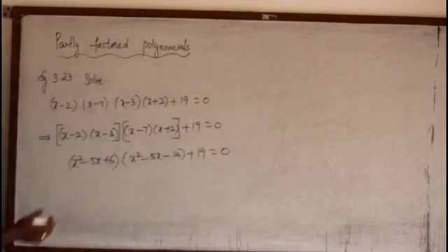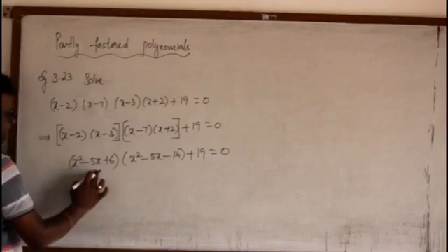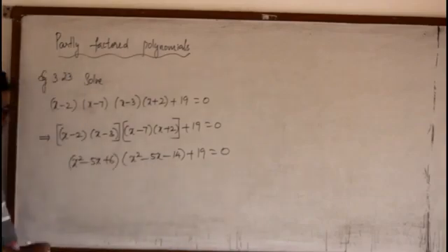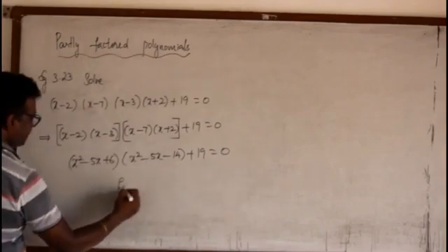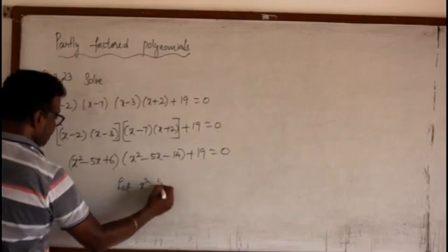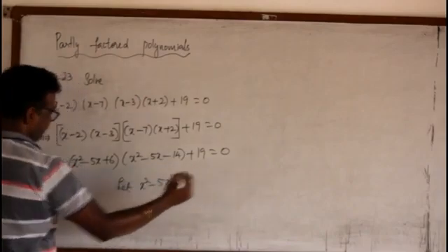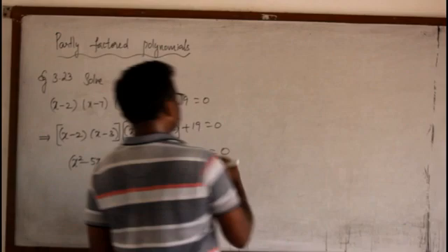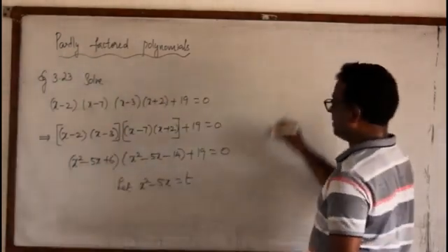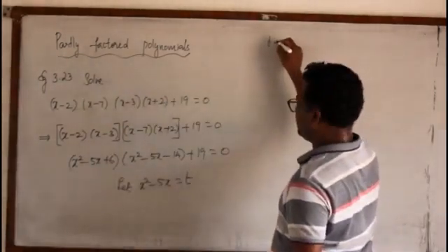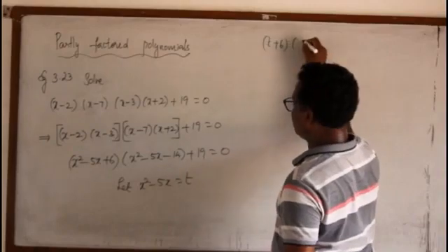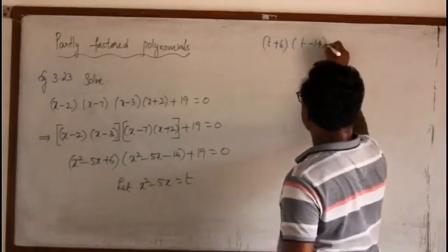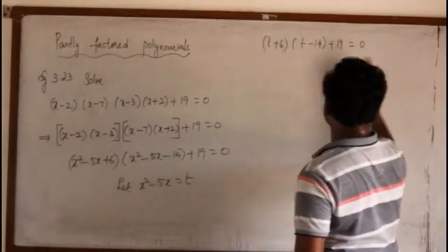Now you can observe the term x square minus 5x is repeated. So let me take that x square minus 5x as t. Then the equation becomes (t plus 6) into (t minus 14) plus 19 equal to 0.